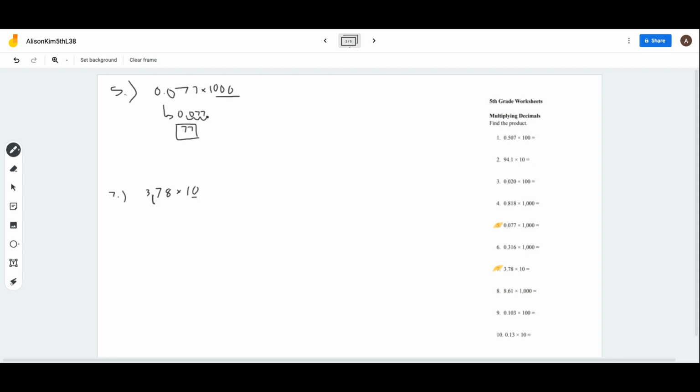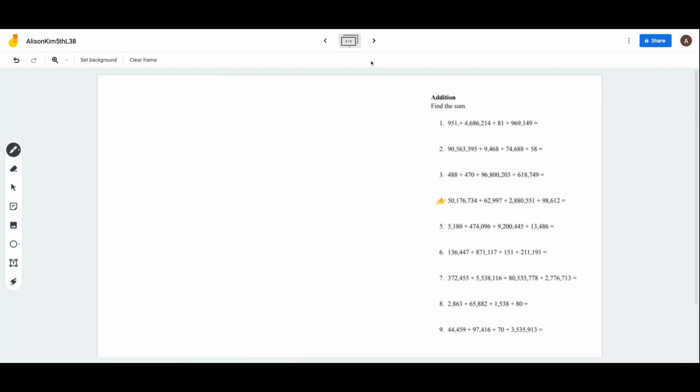It's going to be right there in between the 7 and the 8. So our answer will be 37.8. Let's make that decimal point darker. So 37.8 will be our final answer.